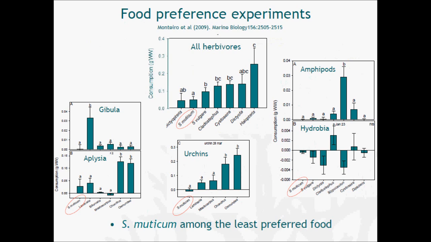So there are no specific herbivores, and they prefer the other species. Okay? This is actually very important, right? If Sargassum muticum doesn't have very good herbivores specialized on it, it has an advantage over the other species. That's probably one of the reasons why.